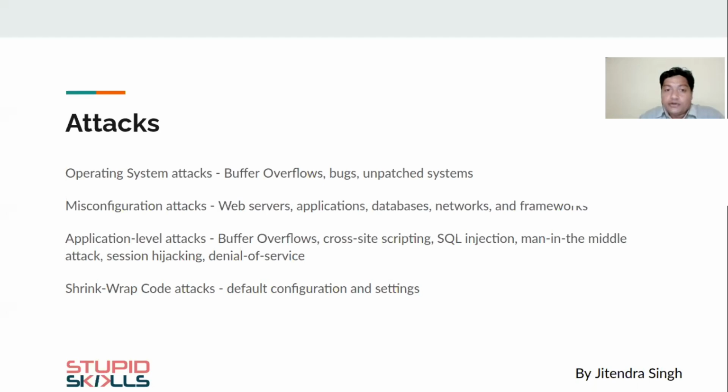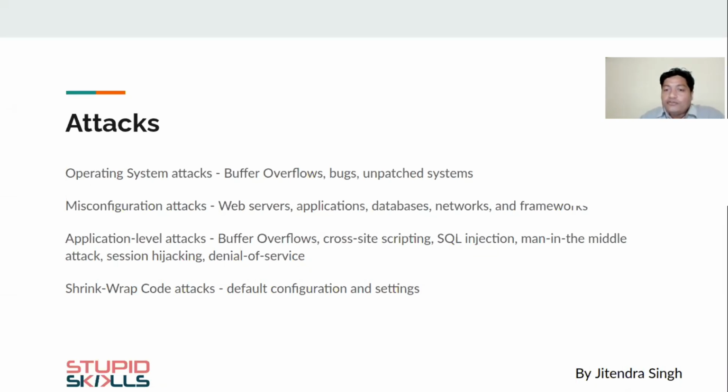I've already explained buffer overflows, and operating systems still have a lot of software with bugs that have not been patched yet, because only when these bugs are discovered will a vendor be given the responsibility to patch them. So these kinds of attacks you would find in an operating system.